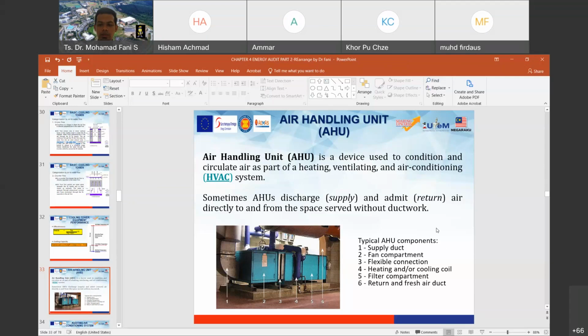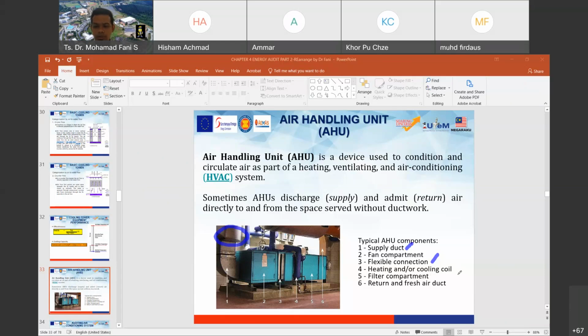So what are the components of the AHU? Supply ducting. Of course, we need supply ducting to supply the air to the room. Fan compartment, to blow the air. Flexible connection, which we can put between the supply duct and the AHU.